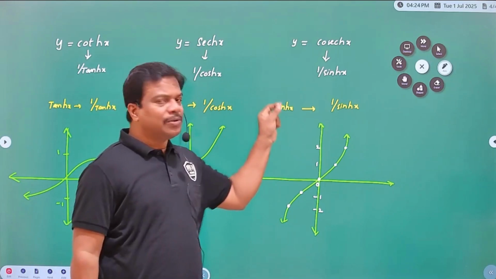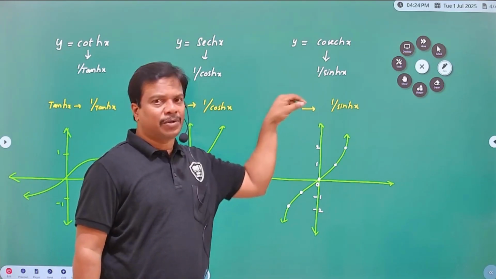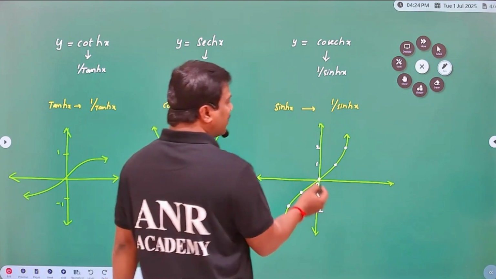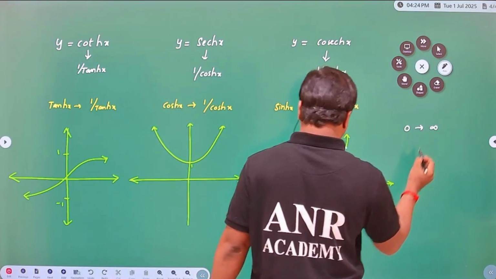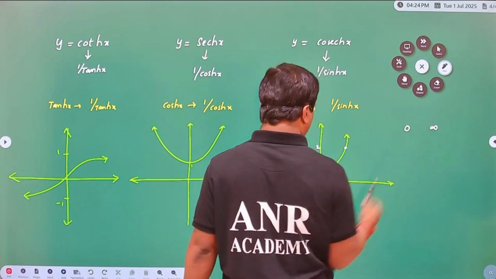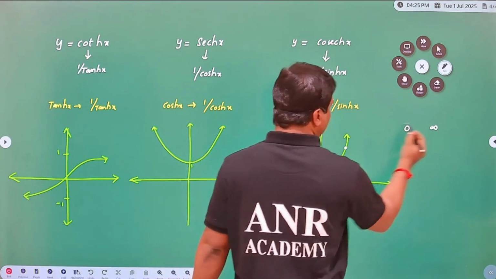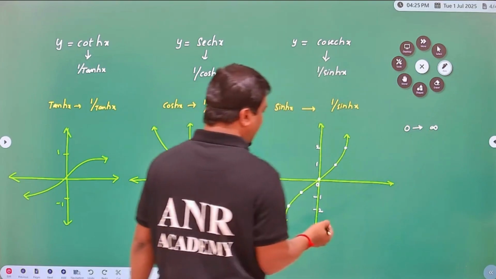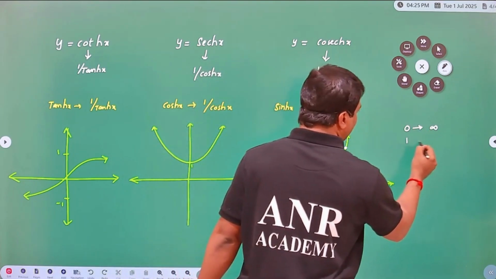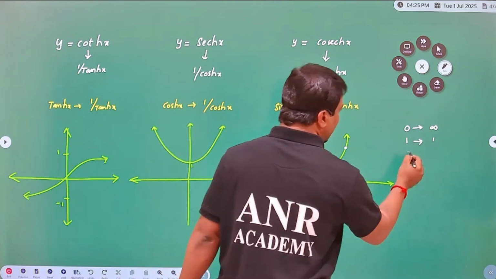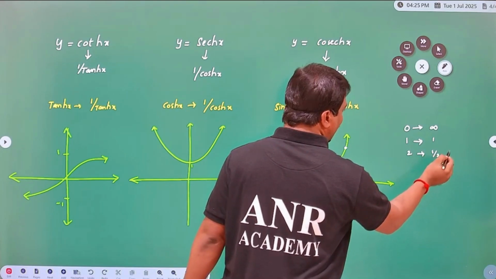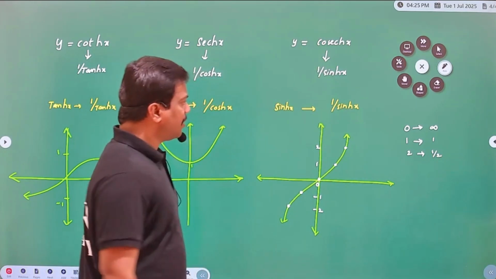When you transform into 1 by sin hx, 0 reciprocal, that is infinity. Previous graph 0, now that changes to infinity. Reciprocal of 1, that is 1 again. Reciprocal of 2, that is 1 by 2.